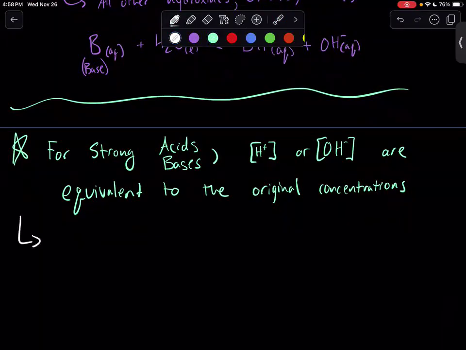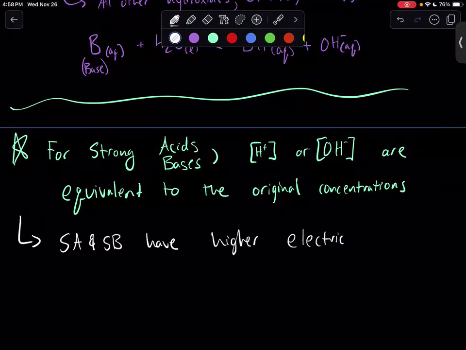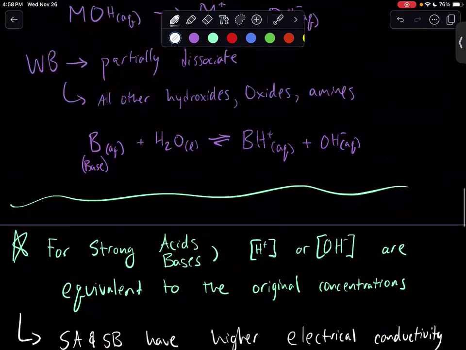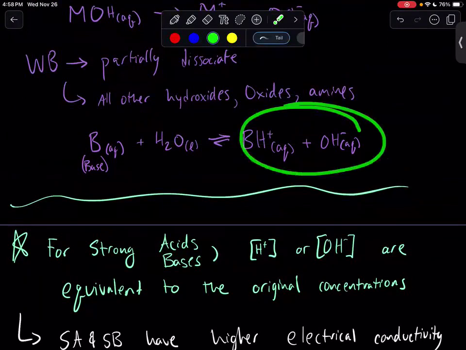Another point about this is because they fully dissociate, strong acids and strong bases have higher electrical conductivity and react faster. So we get a higher reaction rate and a higher electrical conductivity. Electrical conductivity is based on the ions in solution.